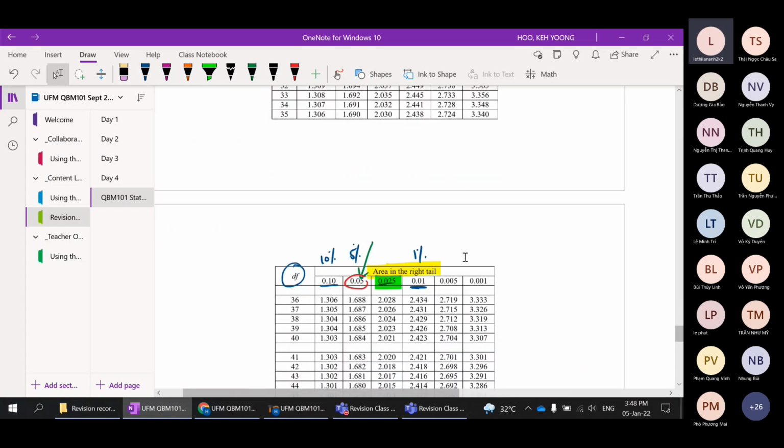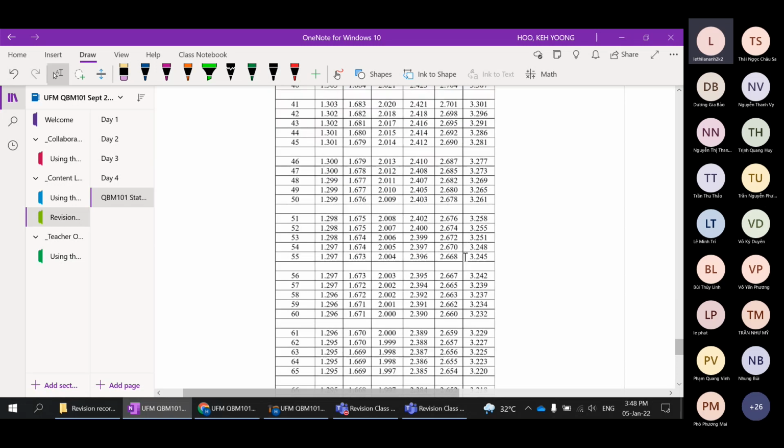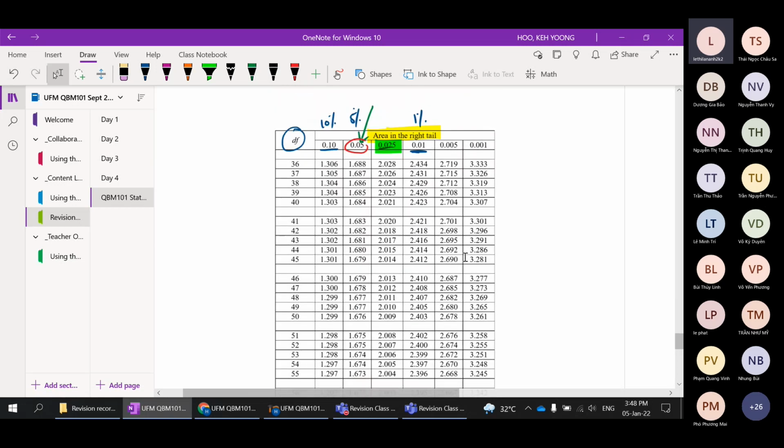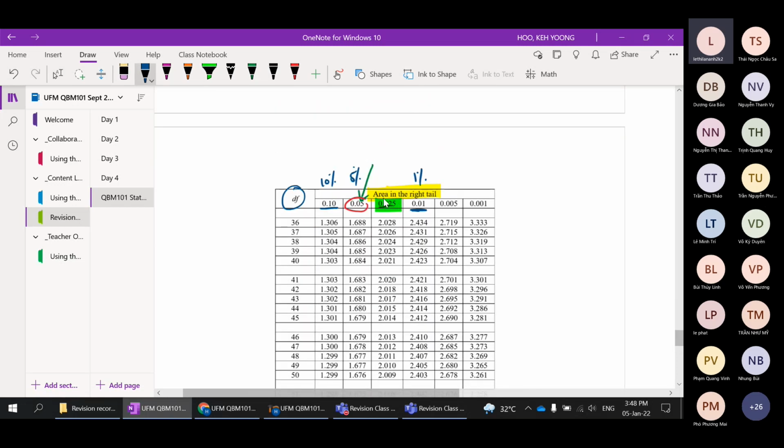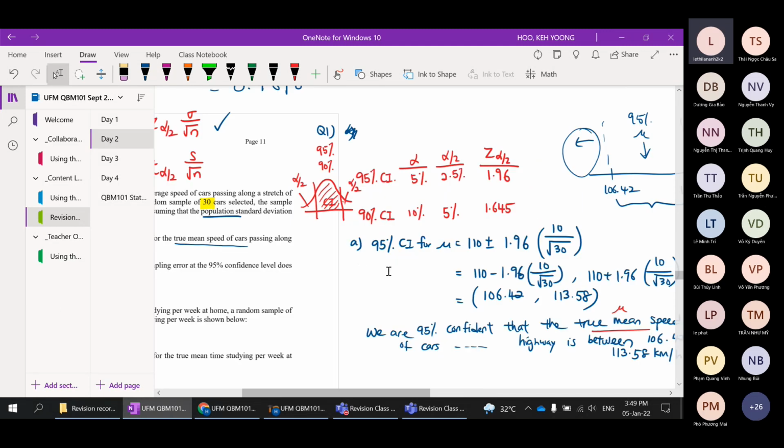There are 2 pages. Go to the second page, the last page. You look at the top, the area in the rectangle. What is the area in the rectangle that we are looking for now? 2.5%. How do I know 2.5%?